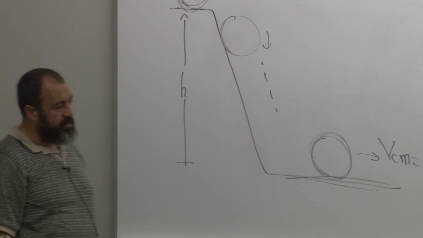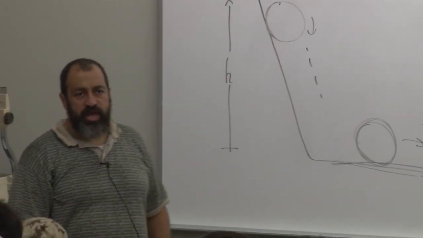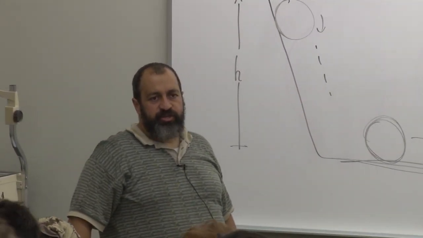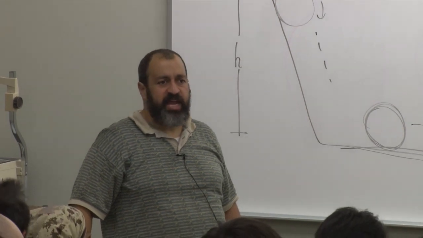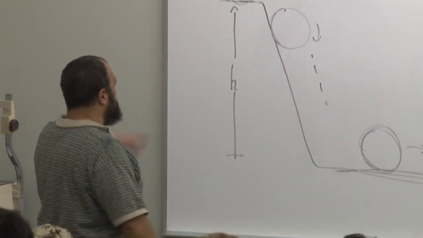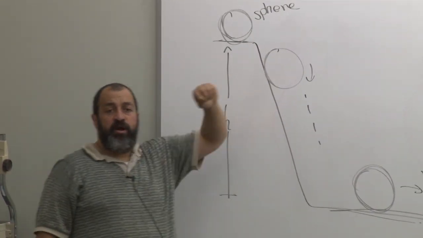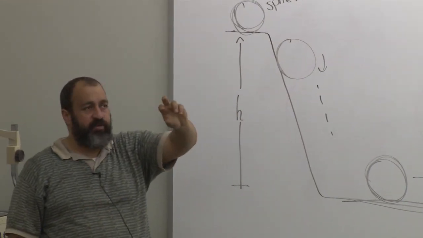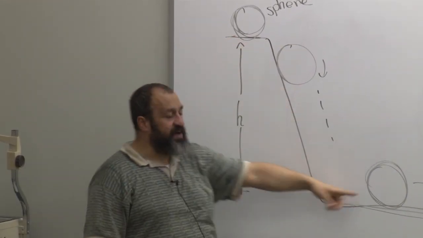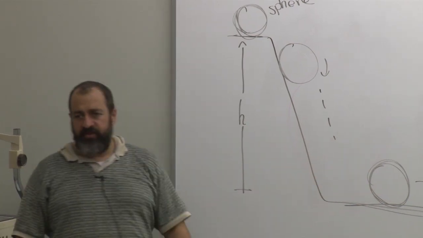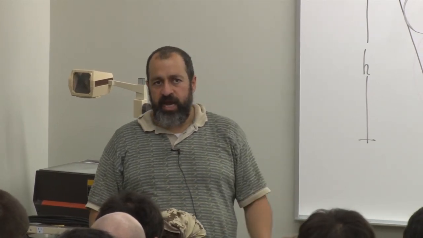Next, guys, we are going to use energy considerations to find the speed of this object. We have done this before for a block or box or whatever mass that slides downhill to find the speed at the bottom. And the speed was given by, if you remember, v squared equals 2gh.